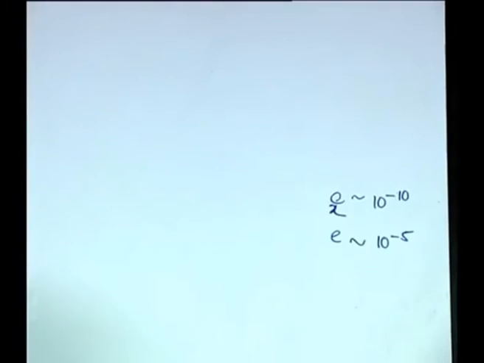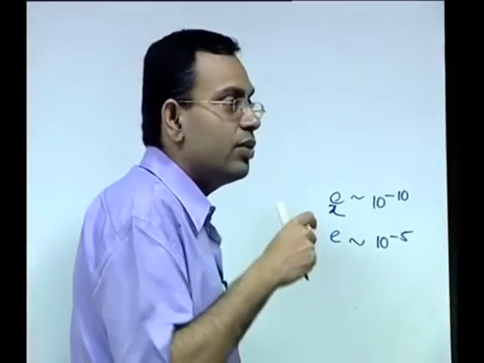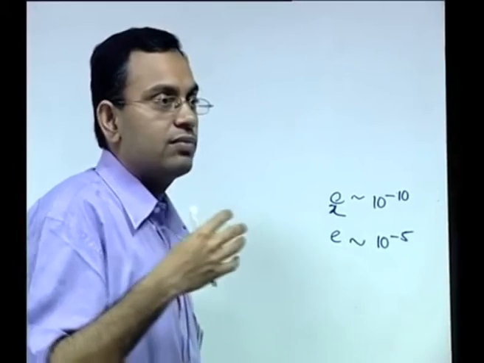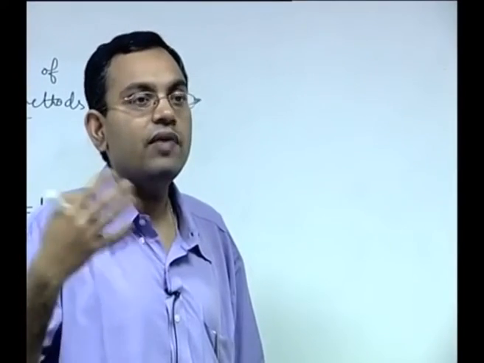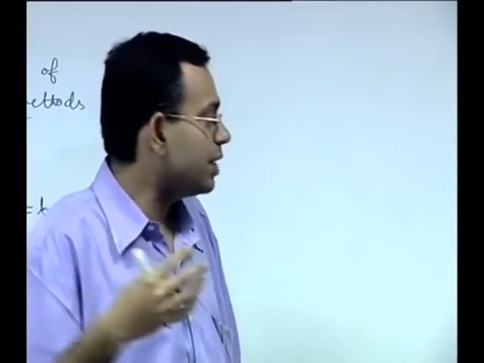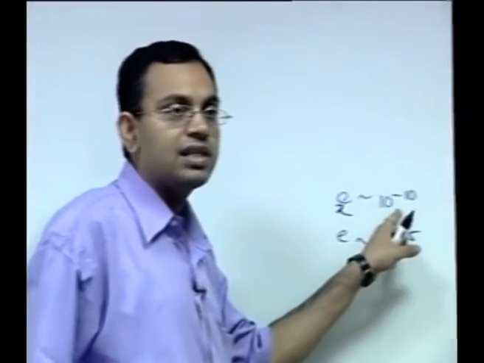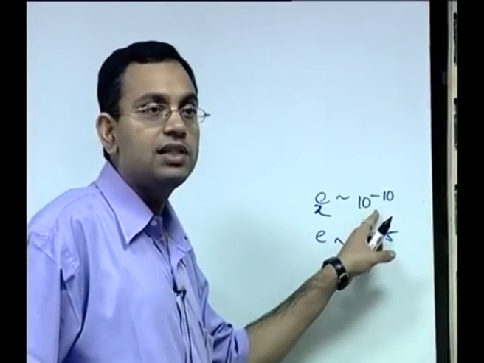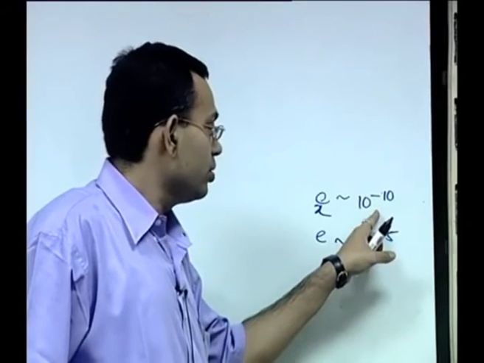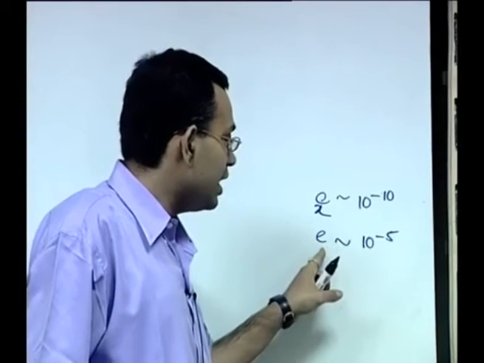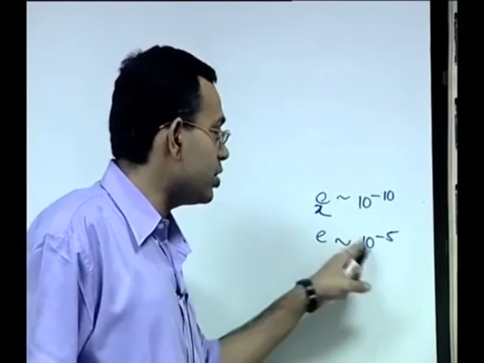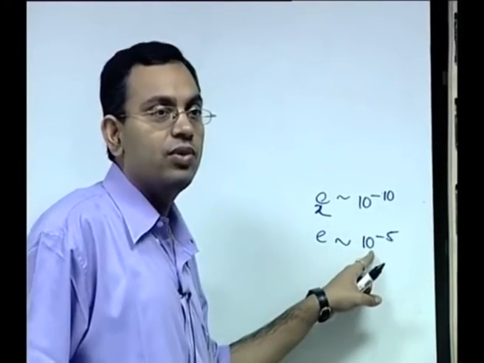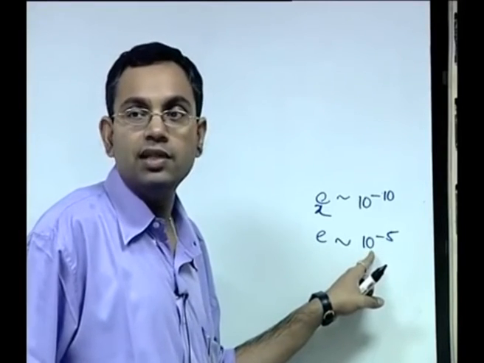Why? For example, let us say that you are dealing with a problem with dimensions of the order of atomic length scales, of the order of angstroms, then with respect to that 10 to the power minus 10 may not be negligible, whereas in another case you are dealing with lengths of meters, with respect to which 10 to the power minus 5 meter with respect to 1 meter may be negligible.